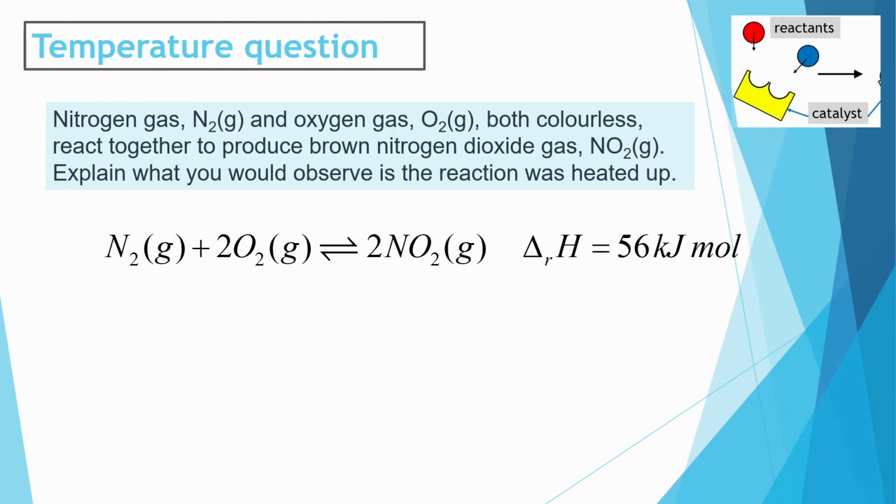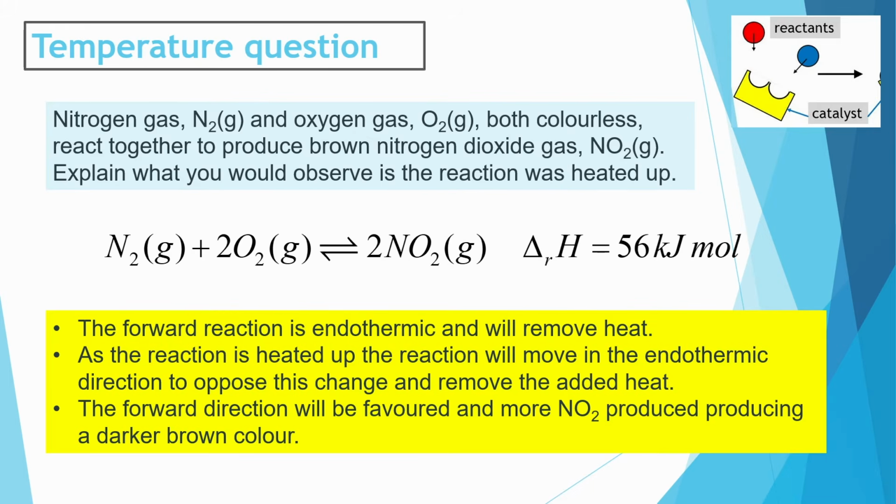Now when I say this is endothermic, I'm talking about the forward reaction is endothermic, and it removes the heat. As the reaction is heated up, then the reaction will move to oppose this change by moving in the endothermic direction, right? So the forward direction will be favoured and more NO2 will be produced, producing a darker colour.